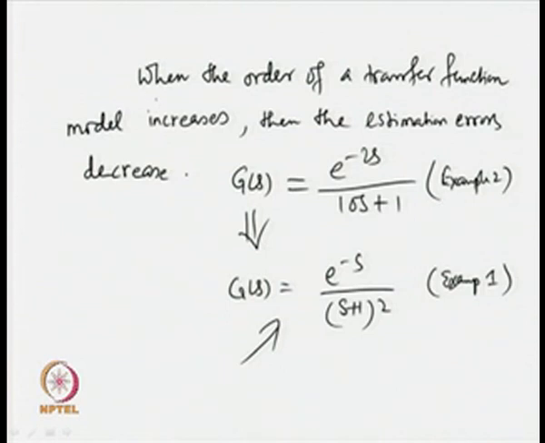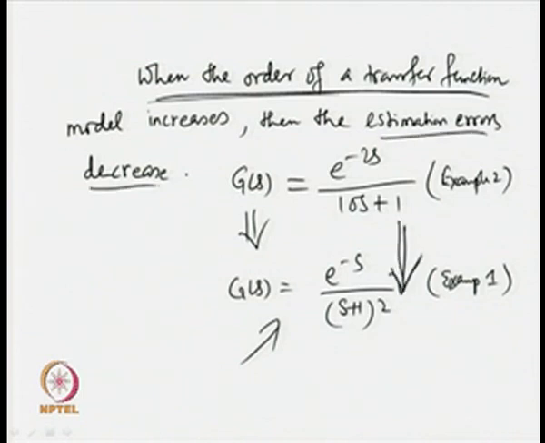So, that can be generalized in the form of, when the order of a transfer function model increases, going from here to here, then the estimation errors decrease.